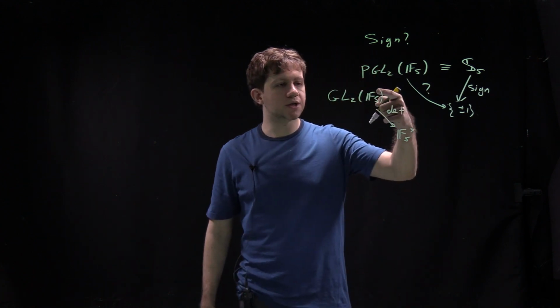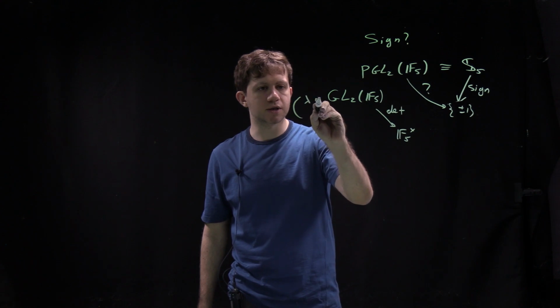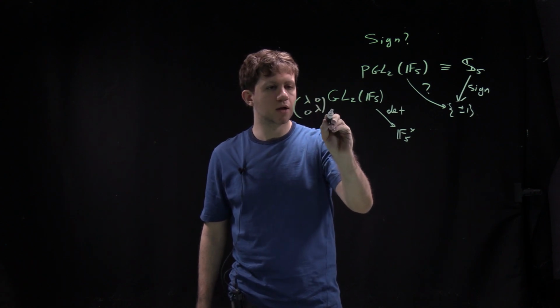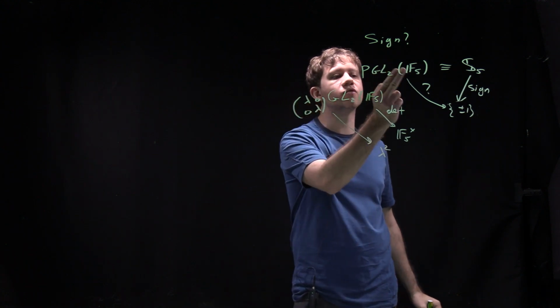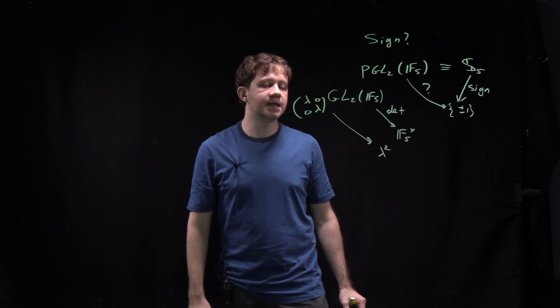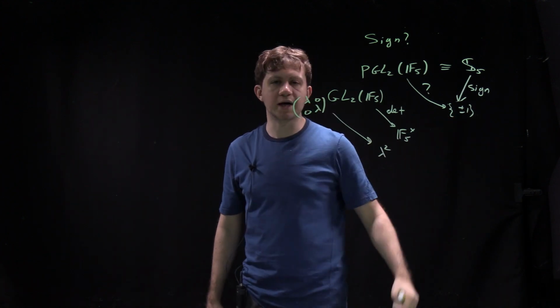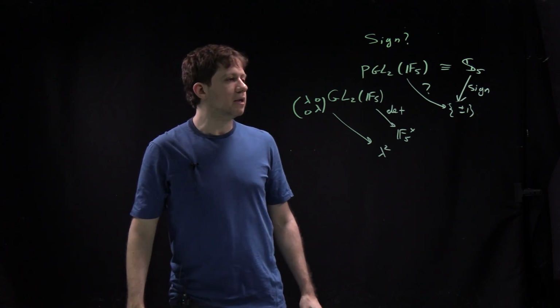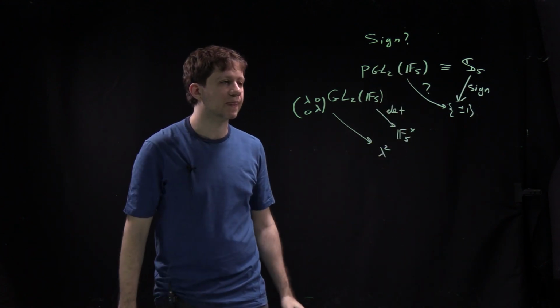But the problem is that though there is this homomorphism, it takes lambda 0, 0 lambda to lambda squared. So it doesn't give you a homomorphism from PGL2 to plus minus 1. That's just because these elements in the kernel don't go to identity, so it's not a homomorphism from here to here.